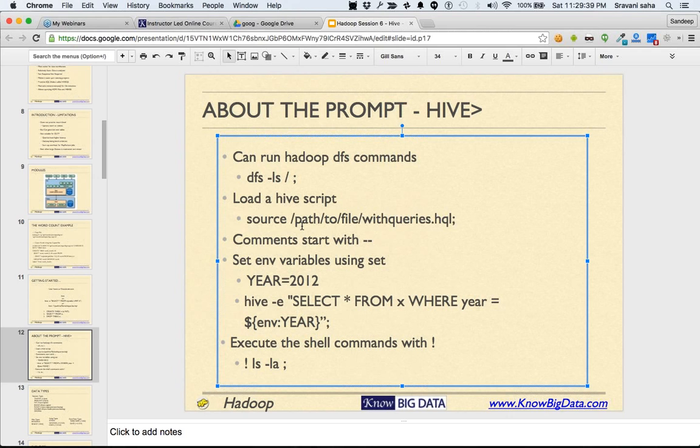Also, you can load a Hive script from within the command prompt using source. All the comments start with double dash. You can also set environment variables which you can use inside your Hive queries. Sometimes you want to execute shell commands, and by putting an exclamation mark you can execute them.